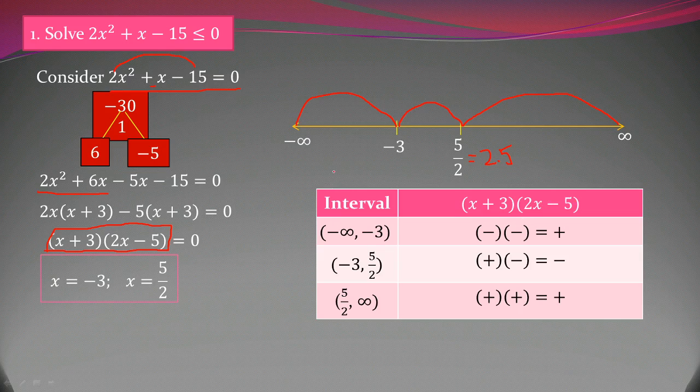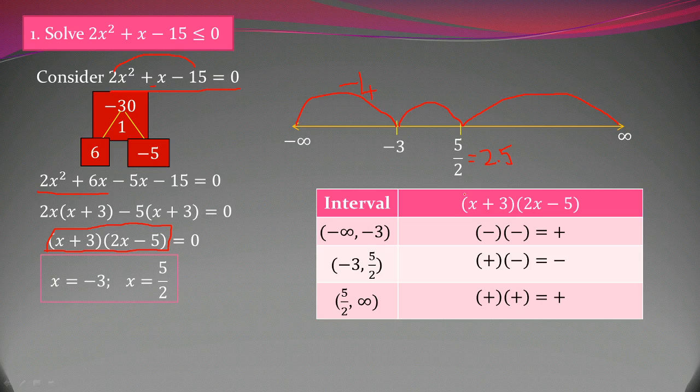Clear? In the first interval, I am going to take any number, for example, minus 4. If you take minus 4, you have to check the sign value, that is, which sign you get after substituting x as minus 4.